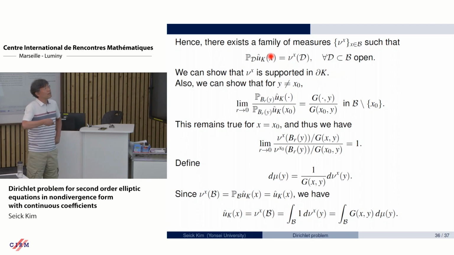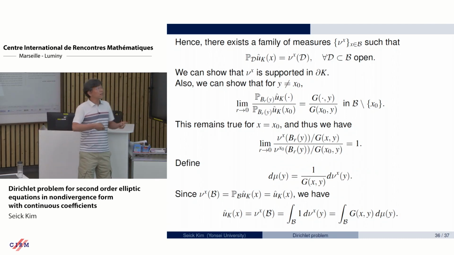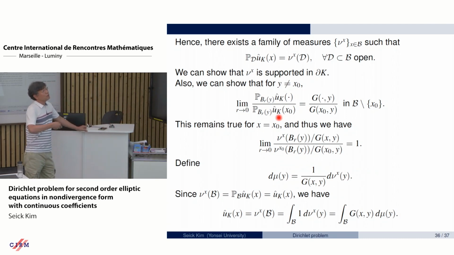But how do you relate this with that one? That's a little bit of a problem, because this depends on x, right? Supposedly this may depend on x, and that is not good. But the nice thing is this. Look at P_{B_R} of this function, a projection on B_R.